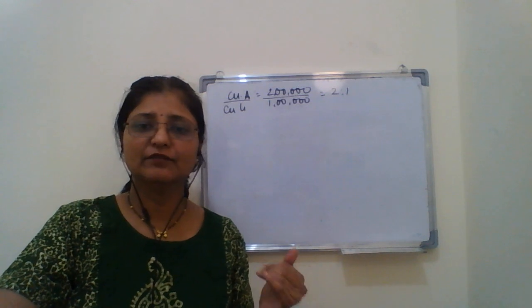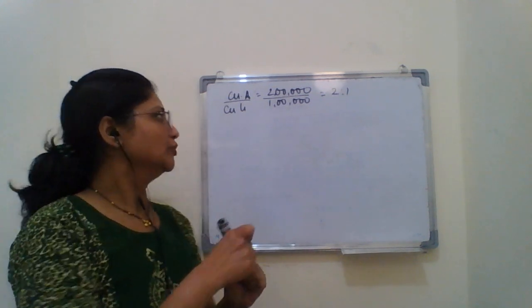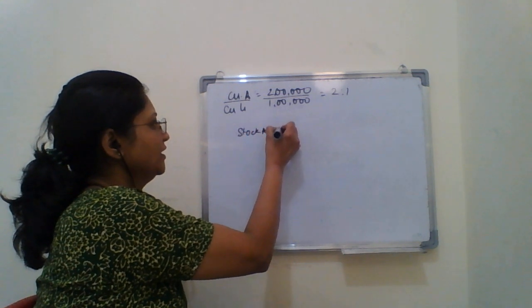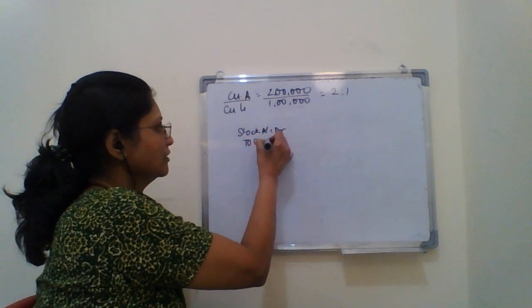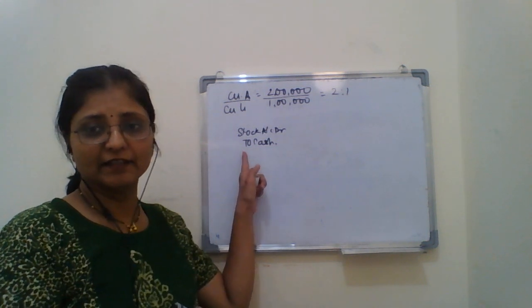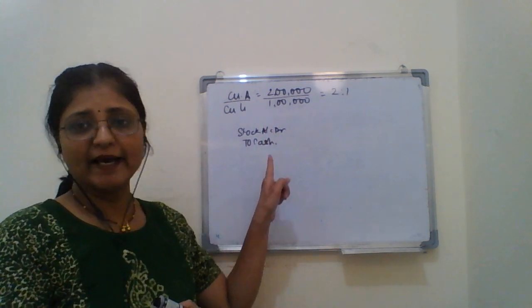Here goods we will call as stock. So the entry is stock account debit to cash. Okay, so no liability is there, only the current assets are there. So stock is increasing, cash is reducing.